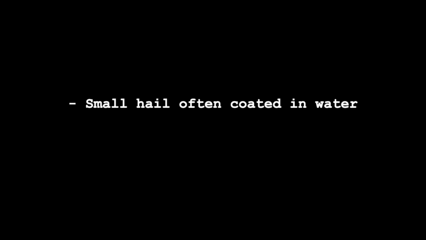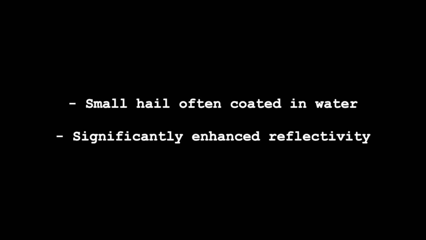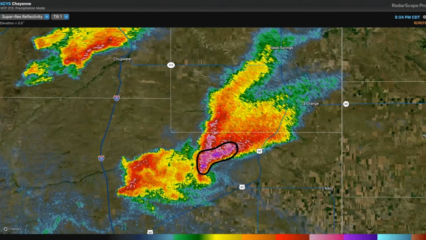Thus, they often appear similar to giant raindrops on radar with high reflectivity and ZDR, so if you see significantly enhanced reflectivities within a storm, say above 70 dBz, it often represents large amounts of small hail rather than large to giant hail. However, large to giant hail can sometimes be associated with these significantly enhanced reflectivities, and dual polarization products can help us determine whether or not this is the case, as discussed earlier.